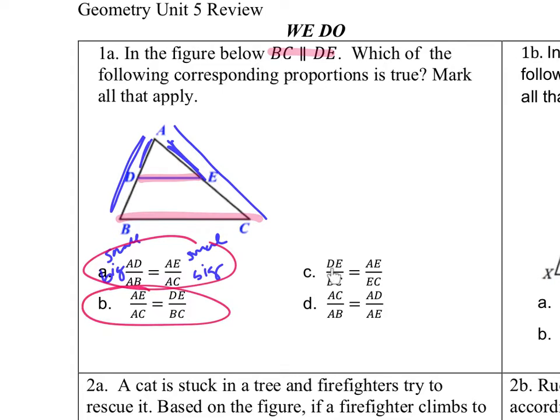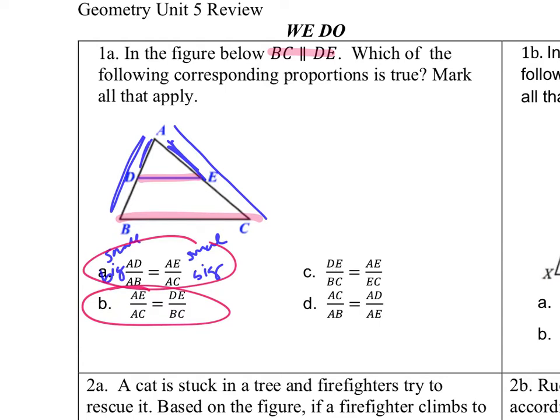Okay. Looking at this example, C, we have DE, which would be the small part of our triangle, over BC, okay, so that's the big base, small over big, equals AE, which would be the small part of our triangle, over EC. Okay, so here we actually are just only looking at a portion of the larger triangle.